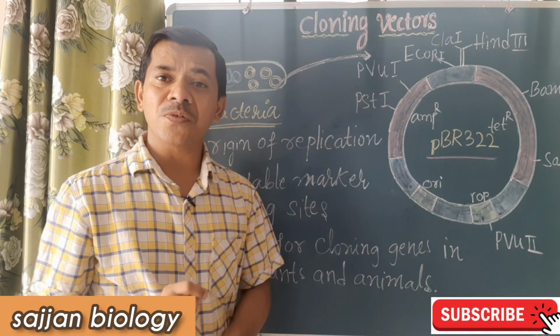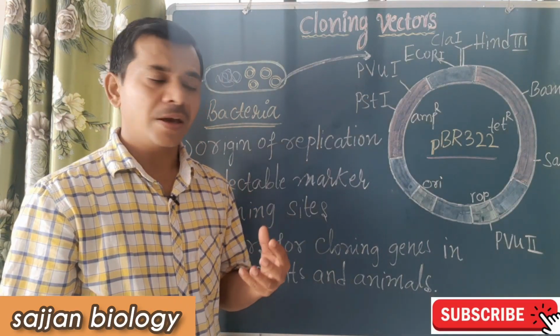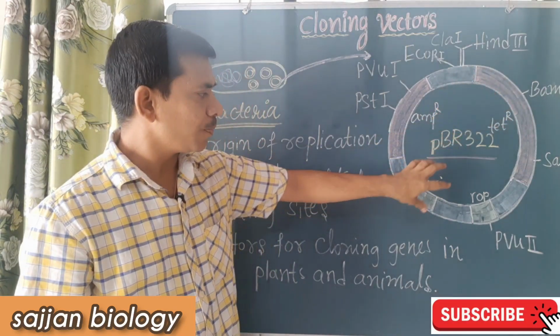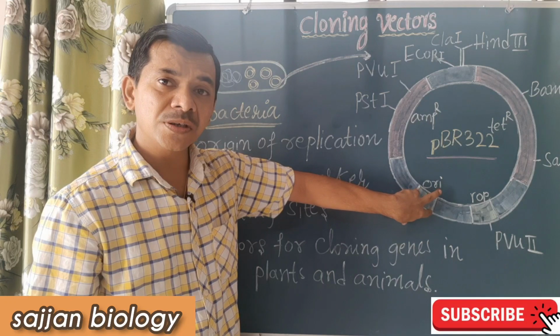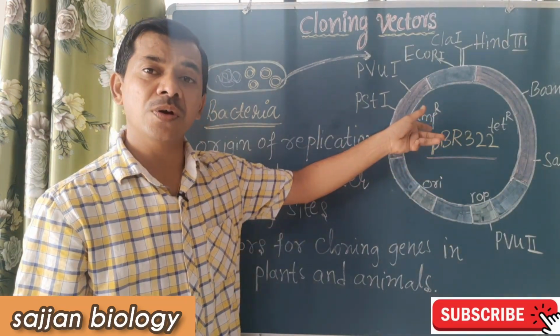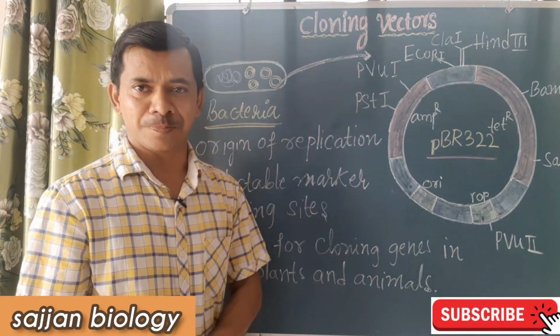First one is the origin of replication. What is this origin of replication? When you link any alien piece of DNA to this plasmid, the origin of replication starts the replication of the alien piece of DNA in the host cell.